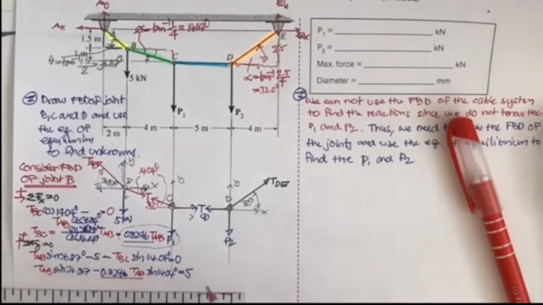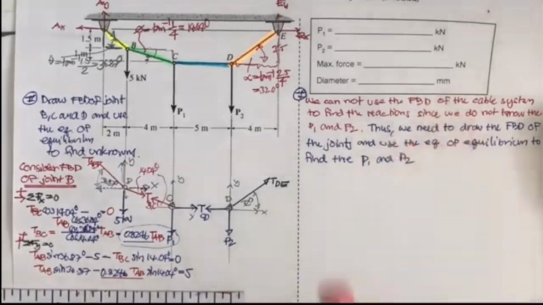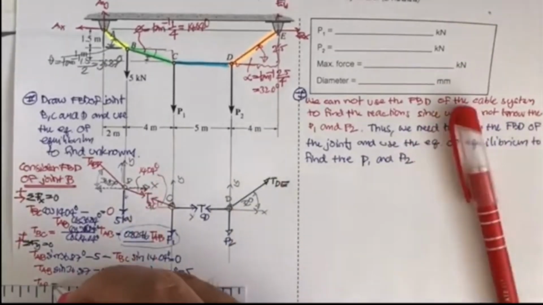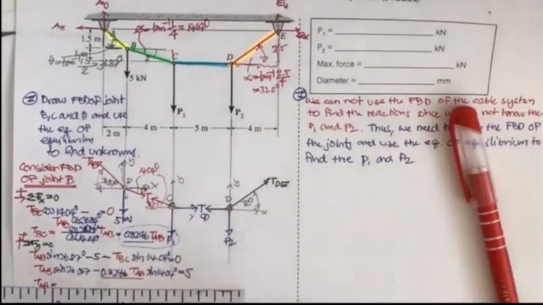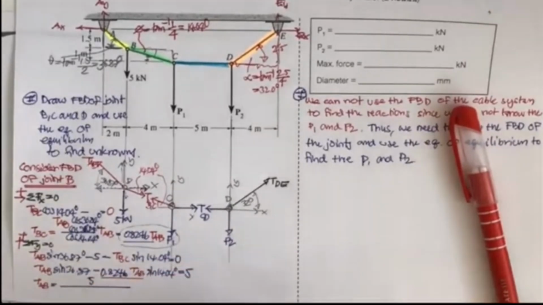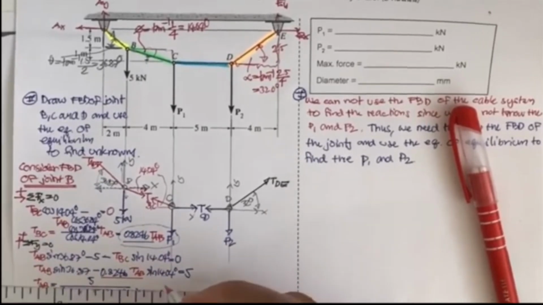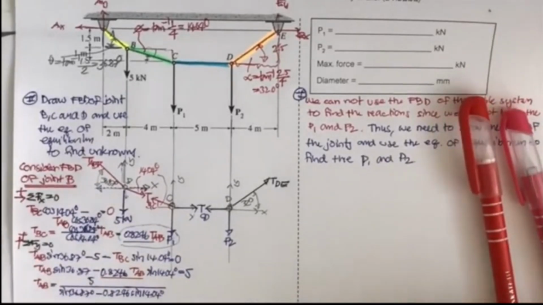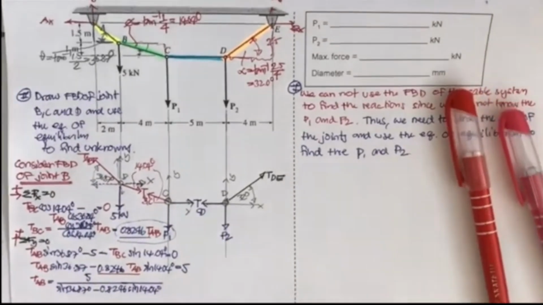T sub AB is going to be equal to 5 divided by sine 36.87 degrees minus 0.8246 and sine 14.04 degrees. Okay, and then you get this T sub AB of 12.5.